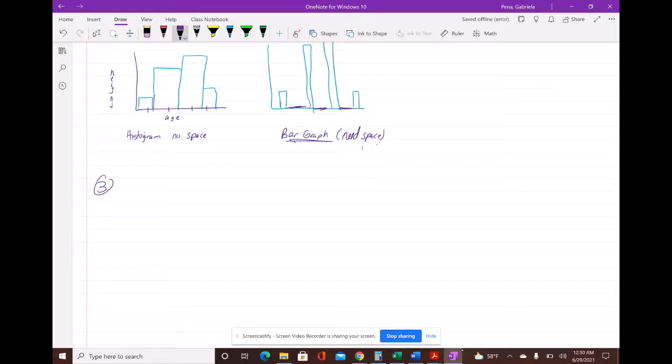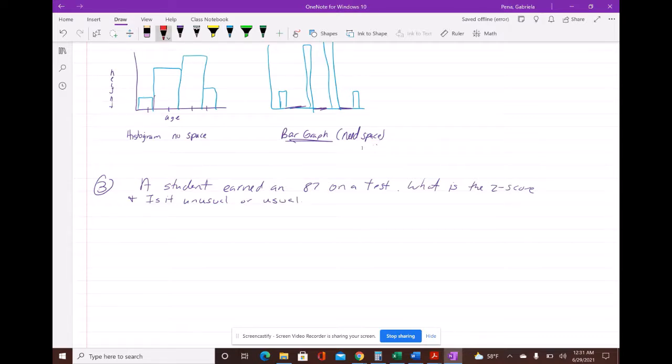But basically, number 3, they tell you that a student earned an 87 on a test. They want you to calculate what is the z-score, and is it unusual or usual?